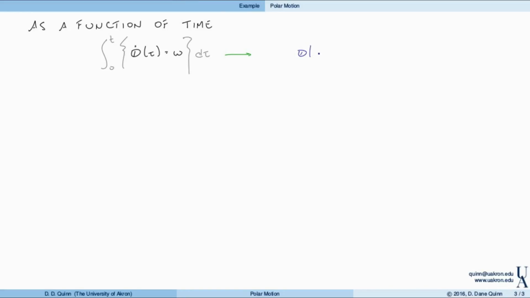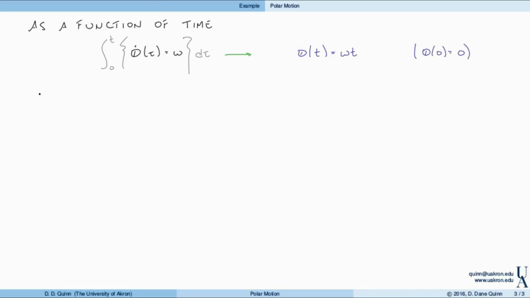Theta of t is simply omega t. I'll remind you that the initial value was 0. When I integrate the left-hand side, I just get the argument, because this is the integral of a derivative. So I get theta evaluated at t minus theta evaluated at 0 equals omega t.